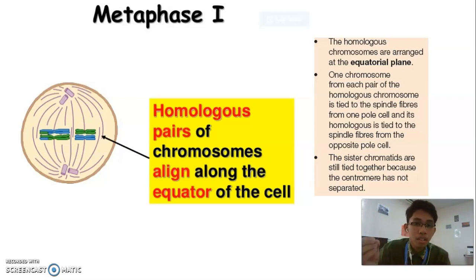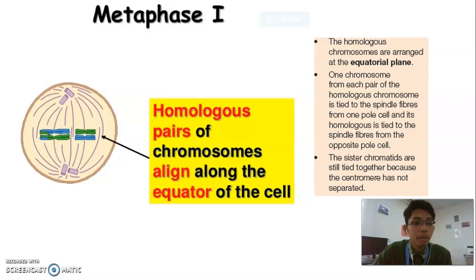For meiosis, gamete cells, the term yang kita guna bila dia align at the equator of the cell, kita panggil sebagai homologous chromosome, bukan sister chromatids. Sister chromatid untuk mitosis. Sekarang tengok kan, dekat equator of the cell, dua homologous chromosome yang sama align at the equator of the cell.